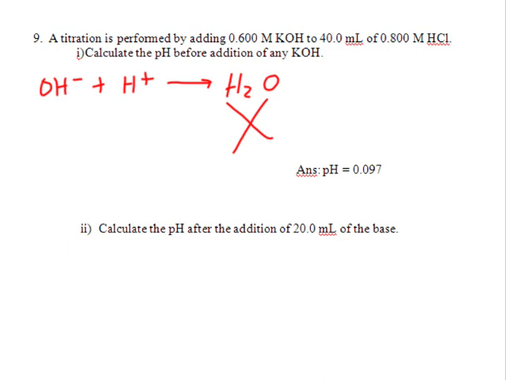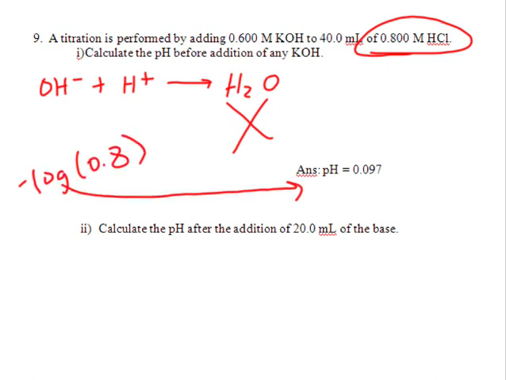For our first thing here, they're asking, however, before we start this, the pH before we put any base in there. So if we're just taking the pH of that acid, how do I do that? Negative log of just 0.8. You should get somewhere around 0.097.